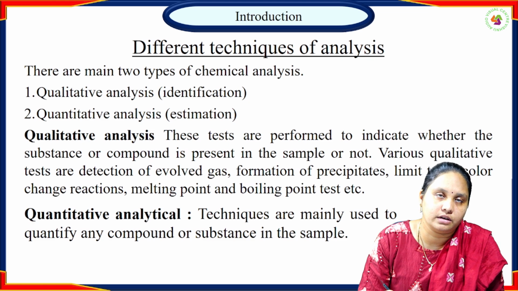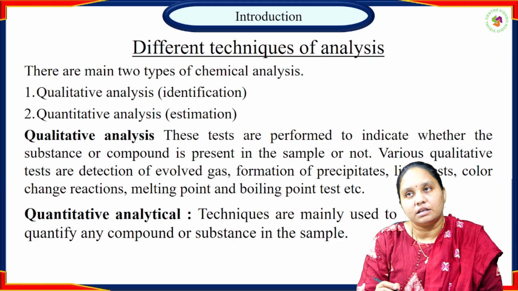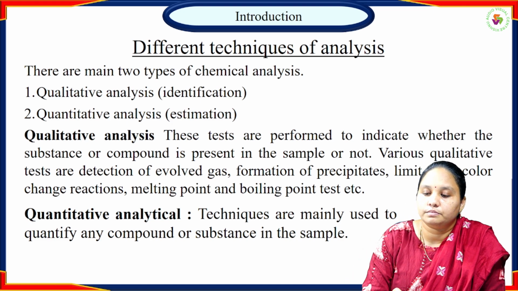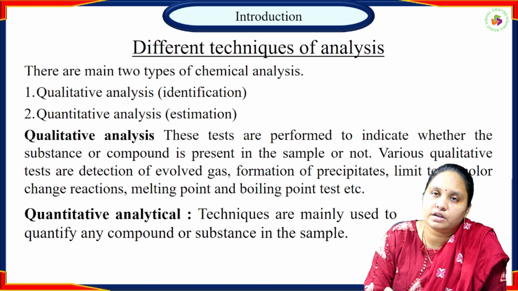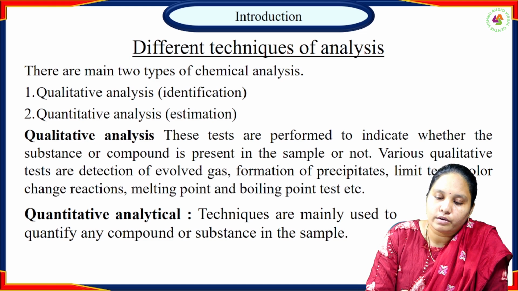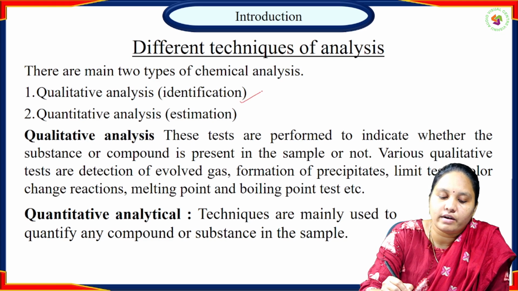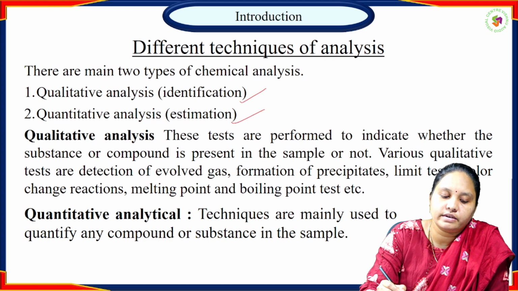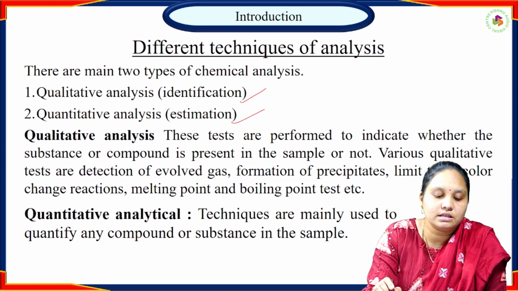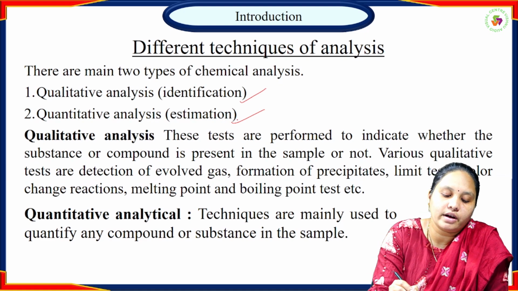Coming to the next one, up to now we discussed the pharmaceutical analysis subject for the identification of the quality and the quantity. Right? The different techniques to identify are that one is quality and the next one is quantity. There are two main types of chemical analysis: qualitative analysis and quantitative analysis.